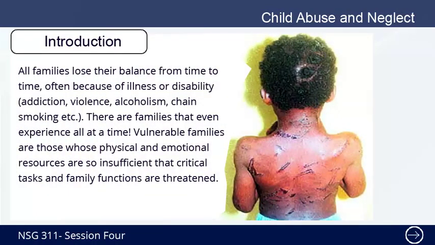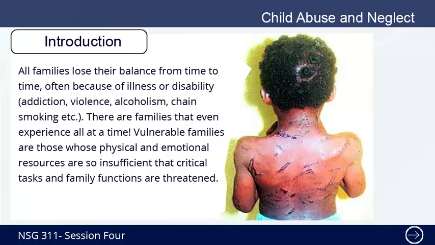Introduction. All families lose their balance from time to time, often because of illness or disability, addiction, violence, alcoholism, chain smoking, etc. There are families that even experience all at a time.